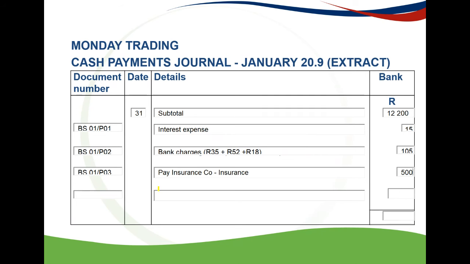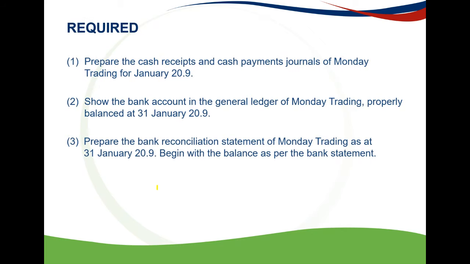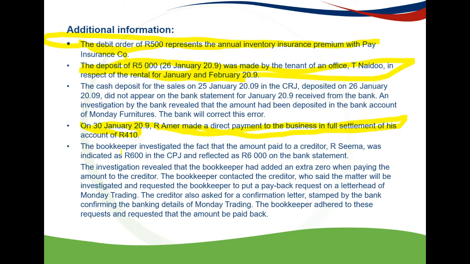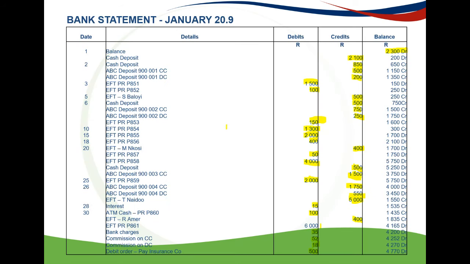Then just go and check again. But the bookkeeper investigated the fact that the amount paid to a creditor, Osimo, was indicated as 600 in the CPJ and reflected as 6,000 on the bank statement. So that is the mistake that still needs to be corrected. This entry of 6,000 rand must be corrected in our books.